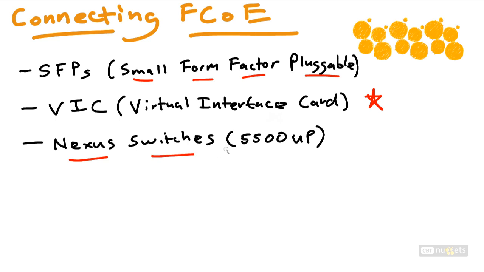Finally, we took a look at the 5500 UP Nexus switches in a sample infrastructure, and we saw how they would be a unified access layer, allowing us to communicate LAN and SAN traffic northbound with ease to our rack-mounted server equipment. I hope you found this nugget informative, and I want to thank you for viewing.